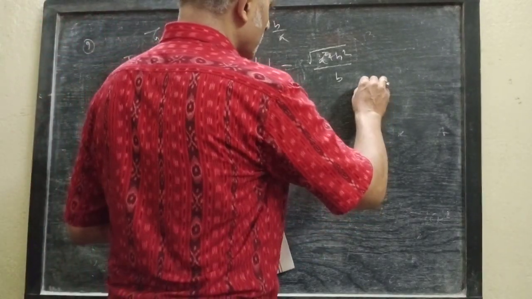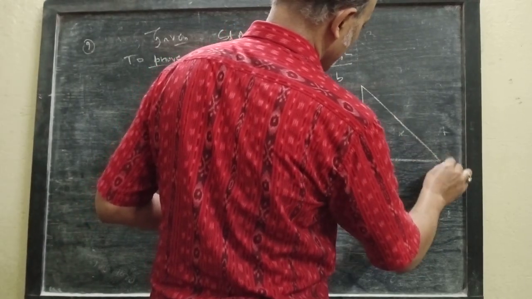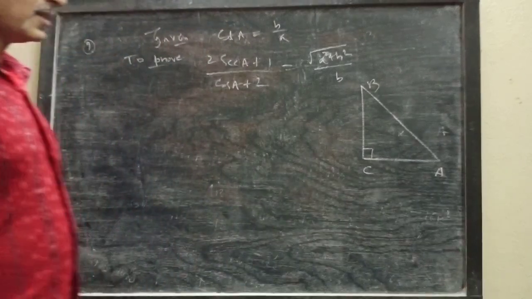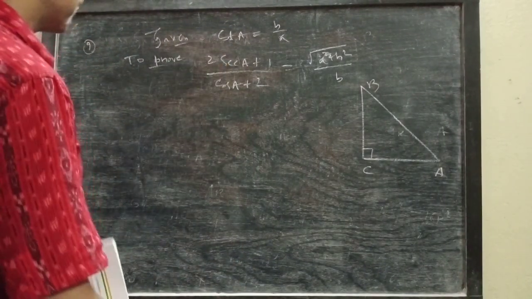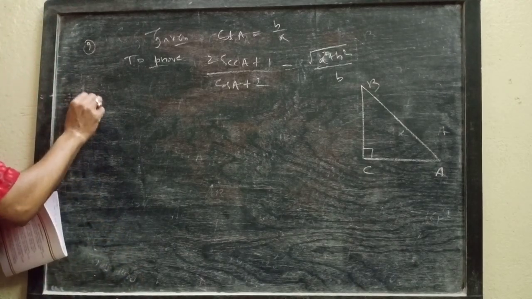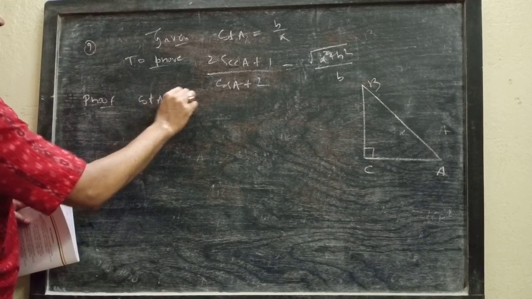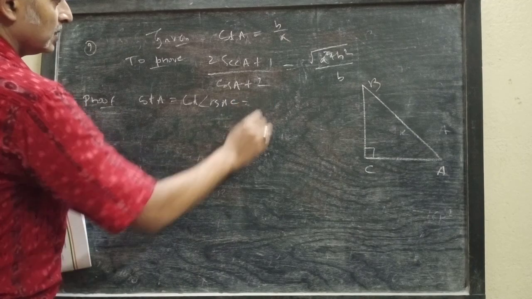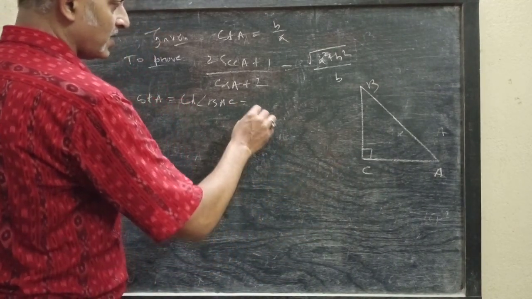First, let us draw a triangle. See, this is A, this is B, this is C. So let us consider right triangle at C. You are given cot A. So cot A, that is cot of angle BAC, base by perpendicular, this will be AC by BC.